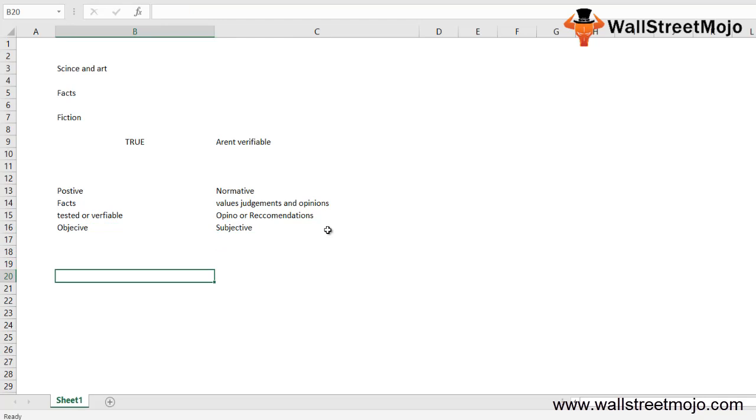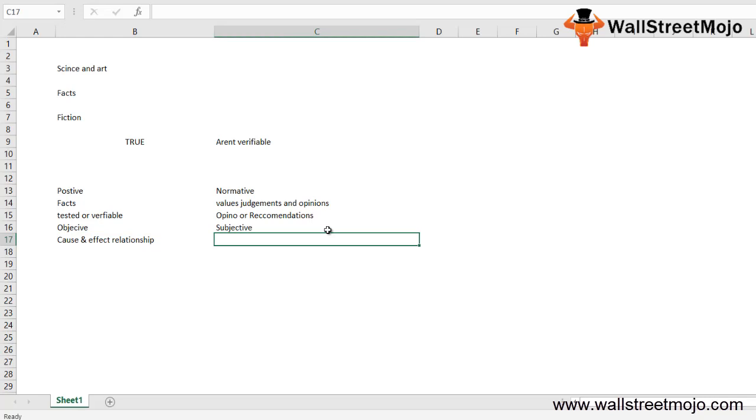Well, the statement under positive economics focuses more on the cause and effect relationship, right? And normative, on the other hand, concentrates on what can work and why.